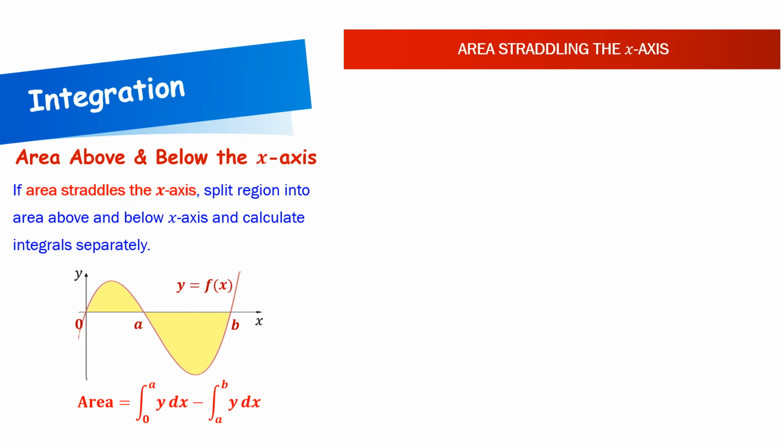This is why area is equal to the integral from 0 to a of y with respect to x minus the integral from a to b of y with respect to x. And of course we've subtracted that because the second region is below the x-axis.